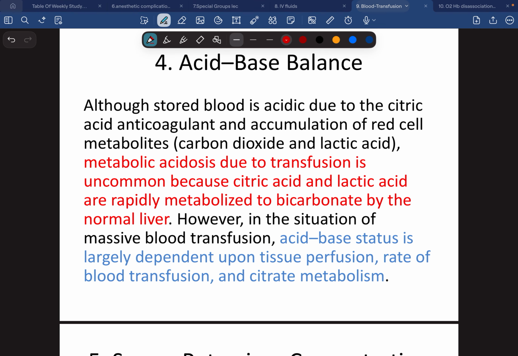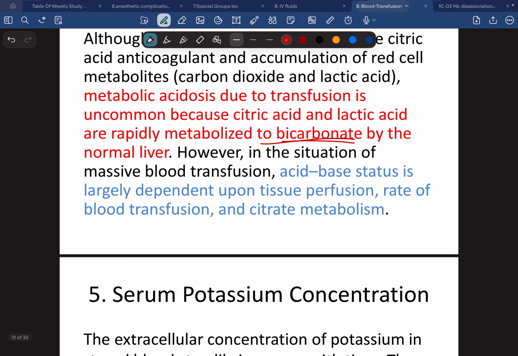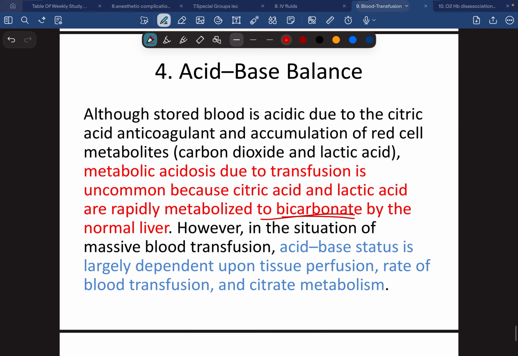But you never know. With massive transfusions, acid-base status is largely dependent on tissue perfusion, rate of transfusion, and citrate metabolism. Usually the blood bag itself will be acidic because of the metabolic products of the RBCs and the presence of acetic acid and citric acid. But once in the body, this will change.